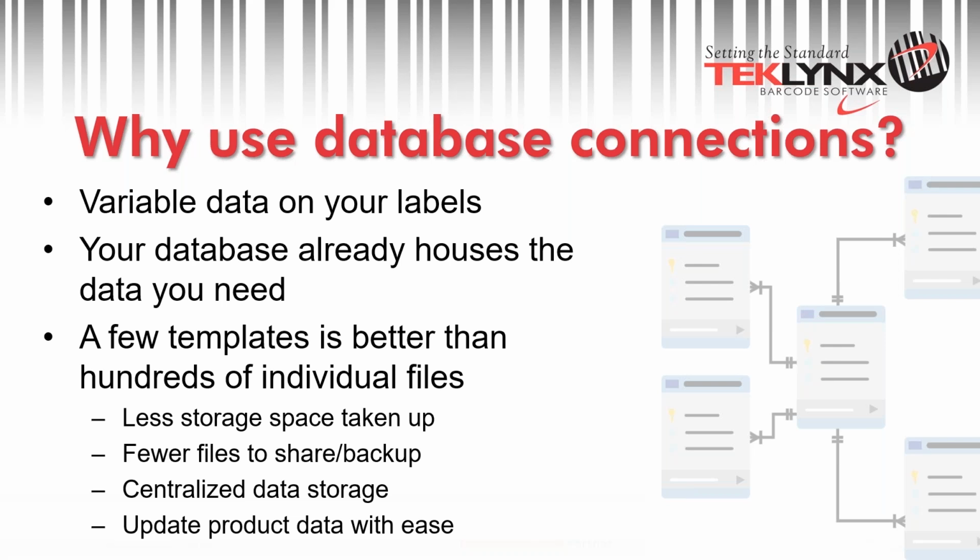What that means is you save on storage space because less space is taken up by all the files that you have. There are fewer files to share and back up if you have multiple production workstations or sites that you're connected to. It also allows for centralizing your data storage, so you can pull all the information from a singular server or computer, so that you know that everyone is getting the exact same data.